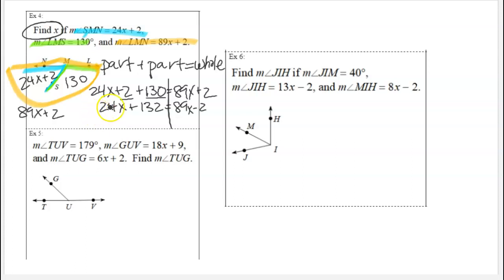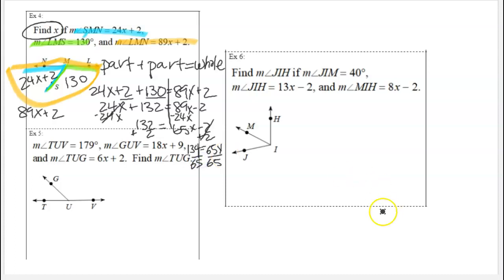Now I want to collect my variables or move my variable to the same side, and I can do that by subtracting 24x, and I then get 132 equals 65x minus 2. Okay, I will now add 2 to both sides to cancel there. Running out of room a little bit, I get 65x equals 134, and then divide by 65.